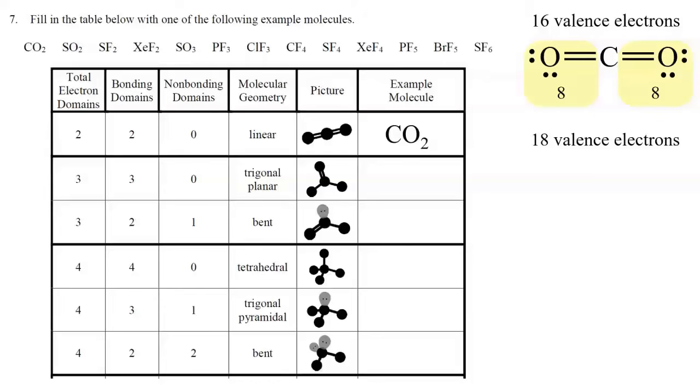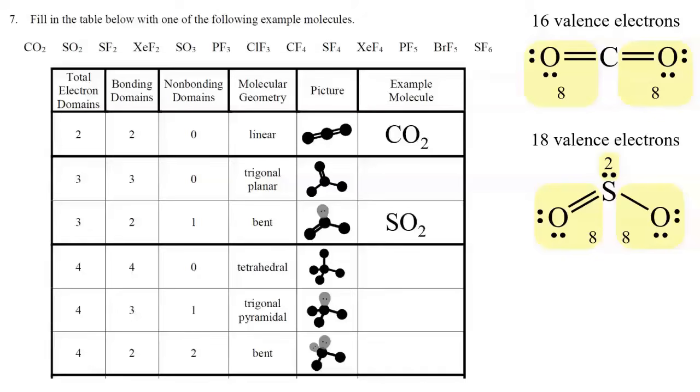So this would correspond to the molecule sulfur dioxide, or SO2. Again, here is a group of 8. Here is another group of 8. So 8 plus 8 is 16. And then that last pair of electrons is a lone pair on the central atom. So where this fits in the table would be 2 bonding domains and 1 non-bonding domain.